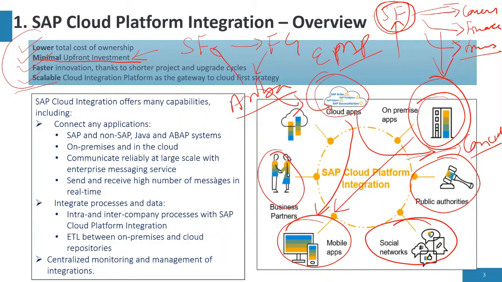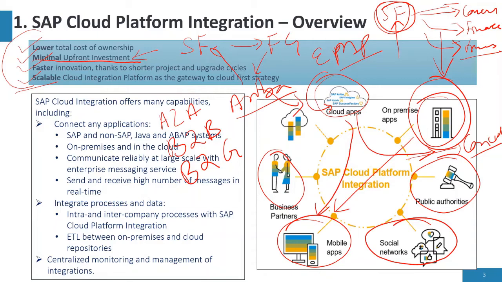So again, just at a high level, it will help you to integrate any systems. It can be application to application, business to business, or business to government. So it will help you to integrate any type of systems, any landscape, any file type.